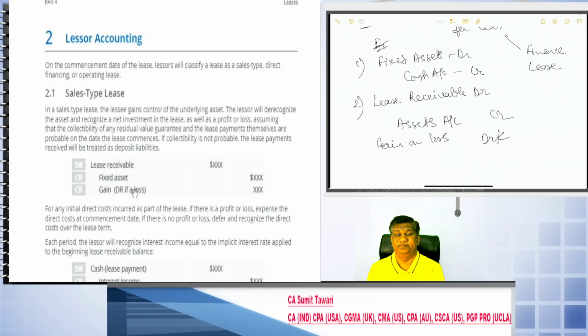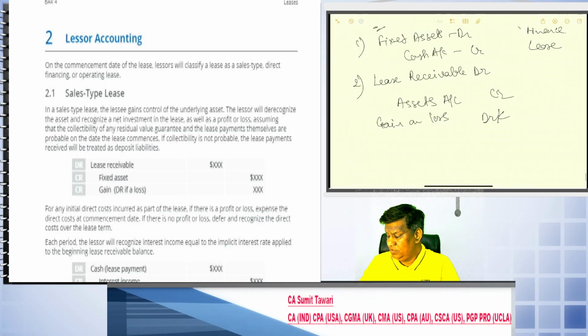So lease receivable, this is basically the discounting. It is not like 10,000 I am paying per month for 3 years, so it is 3,60,000. That is not the case.